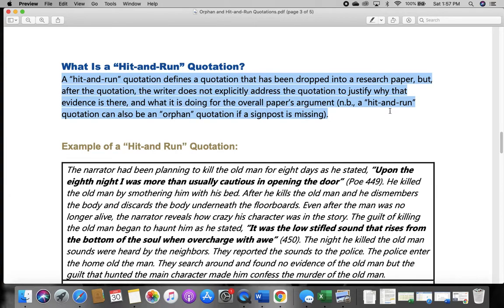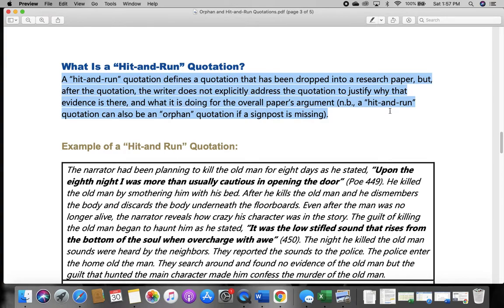So you as the writer are culpable, meaning you're responsible for explanations and doing the work. If you bring in a secondary voice, which is a big deal in writing because it's your voice, it's your paper, it's your name on it, and you bring in evidence from the text, which you're supposed to be doing, then you're doing the right thing by doing that.